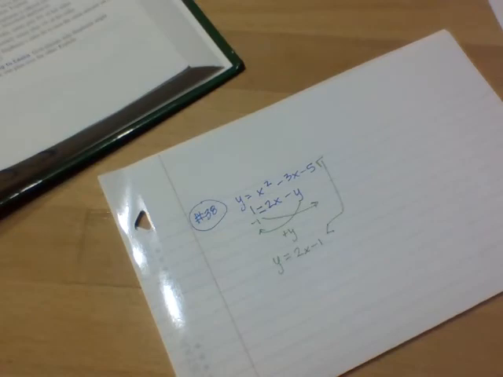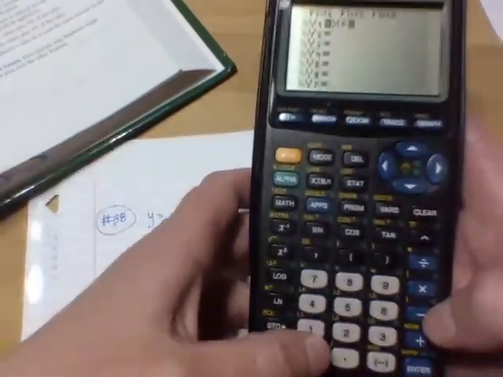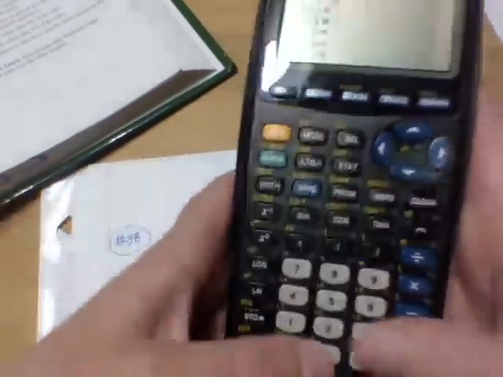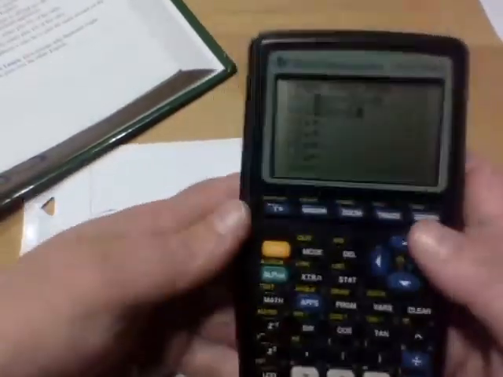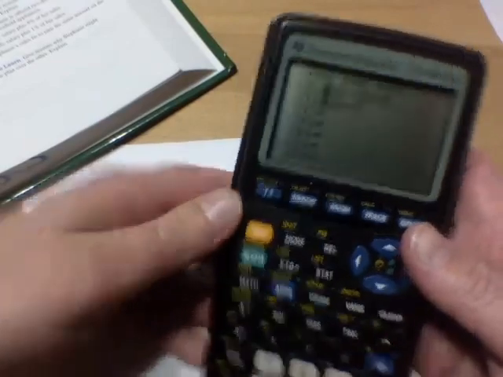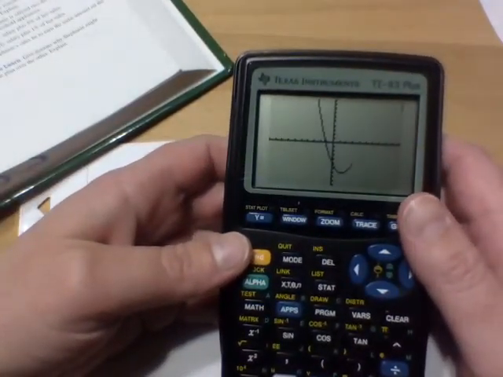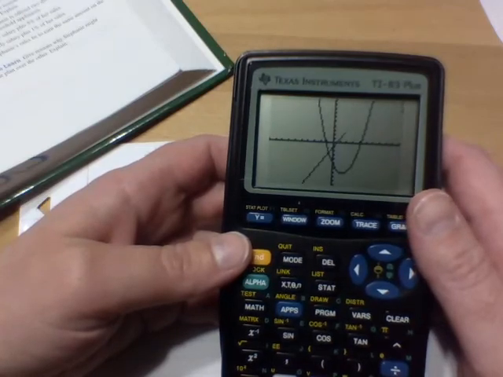And so you'll clear out your y equals, type x squared minus 3x minus 5, and then the next one, 2x minus 1. Lots of movement. There you go. When you graph it, you get your quadratic and then your linear going through it.